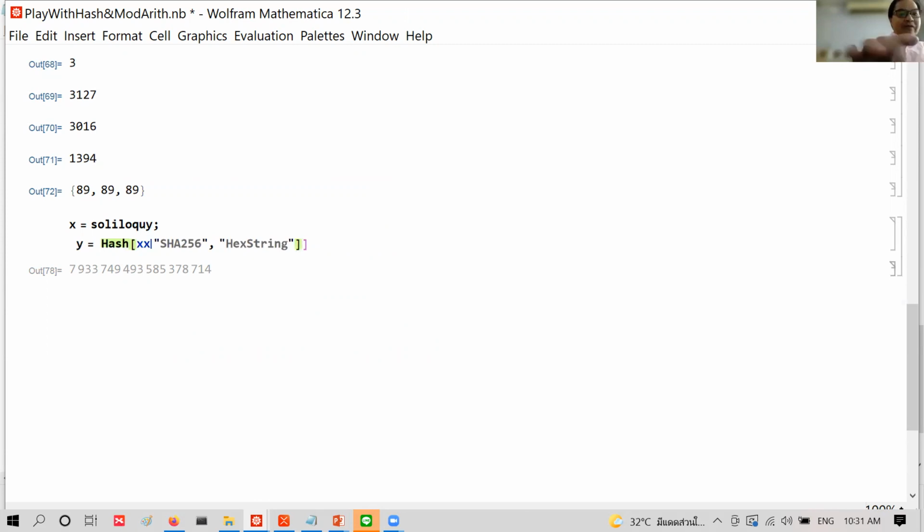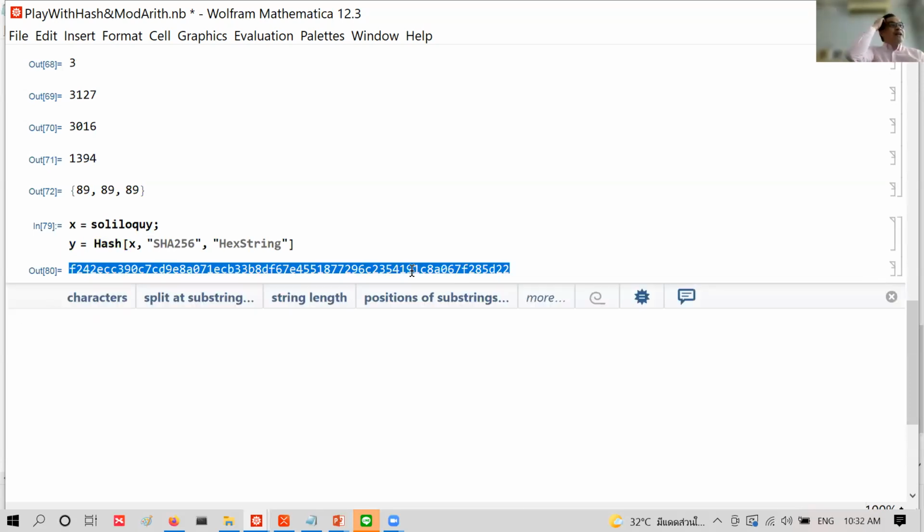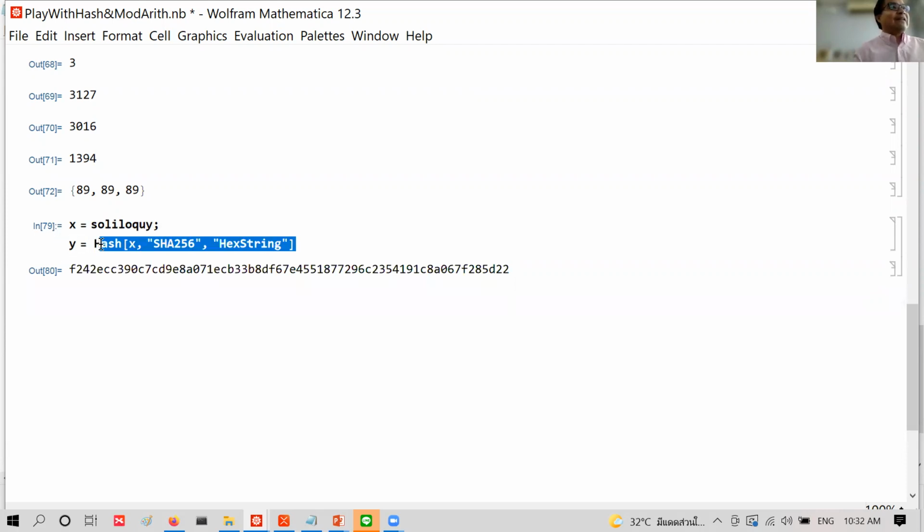It's a little fancier than that because it gets you this number. This is important. This is what's called a 256-bit word. It's some kind of weird number.